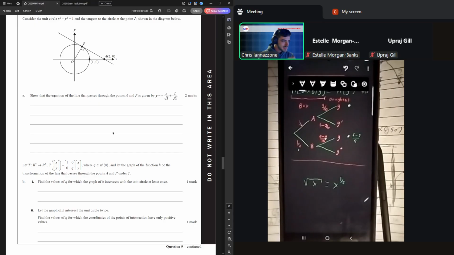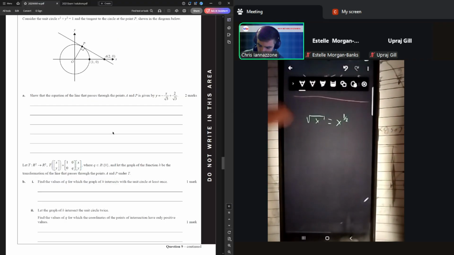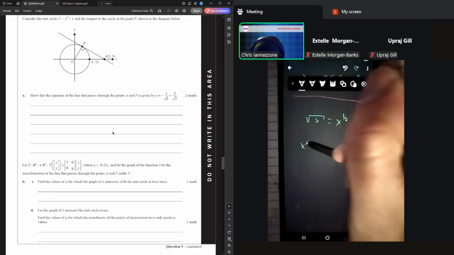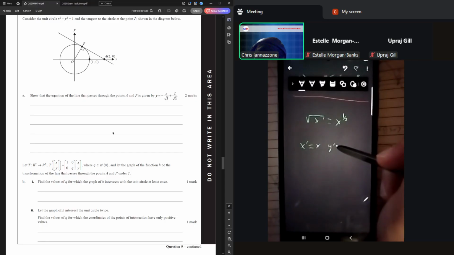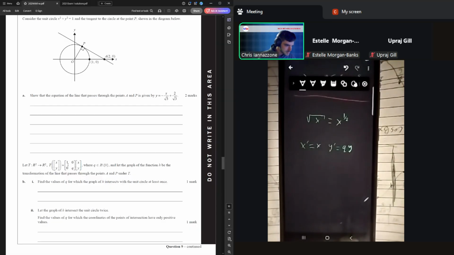This one, let's see. How much do I remember my matrices? The transformation that's applied here is x dash equals x, y dash equals qy, I think. Let's put that on there. That's all that's saying.